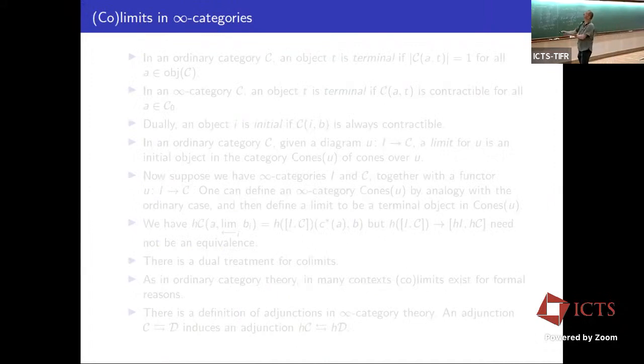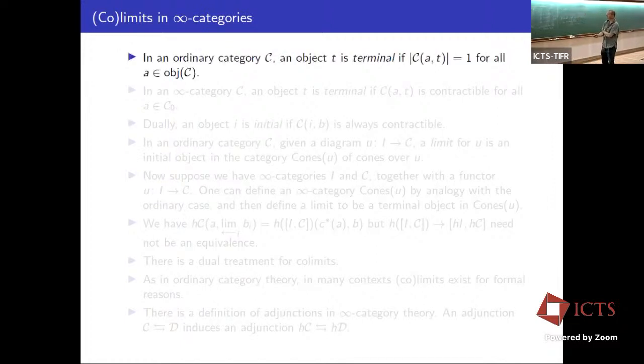Let's have a few words about colimits and limits in infinity categories. In an ordinary category C, the most basic degenerate example of a limit is the terminal object. A terminal object T is terminal if and only if there's precisely one morphism from A to T for every A. In other words, the set C(A,T) has size 1.